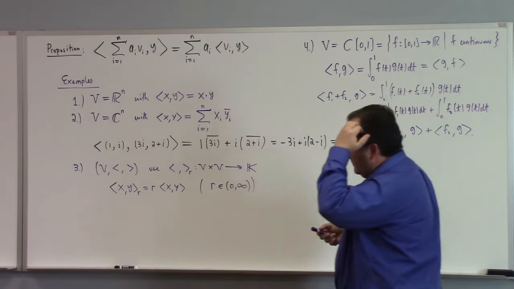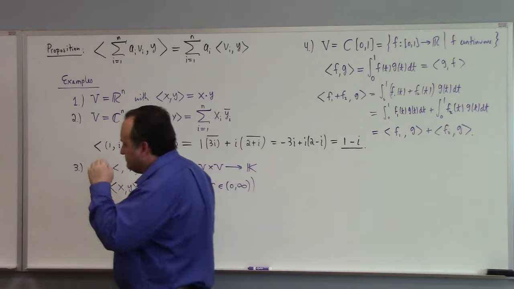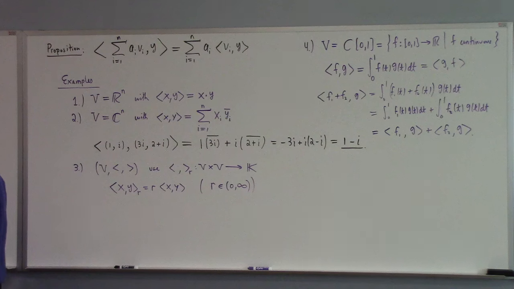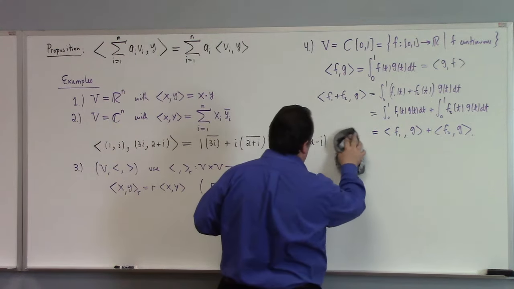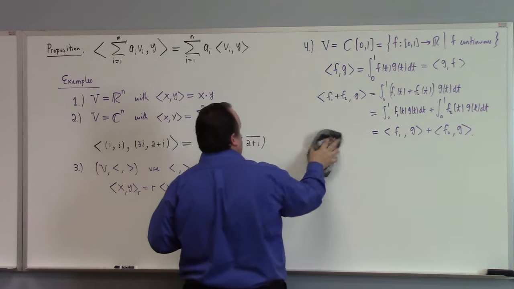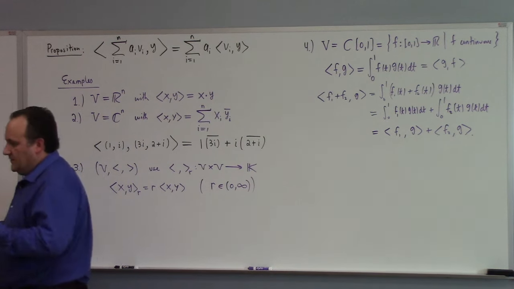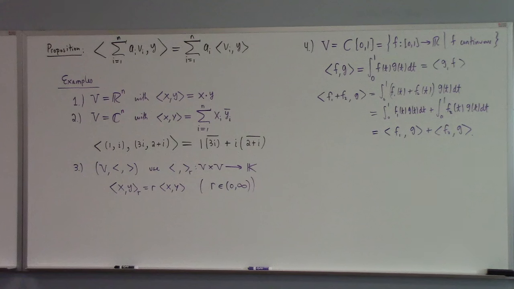Why is it that if the function is not equal to 0, then the inner product of the function with itself is necessarily positive? There's a little bit of analysis to talk about there, right? So let's talk about it.